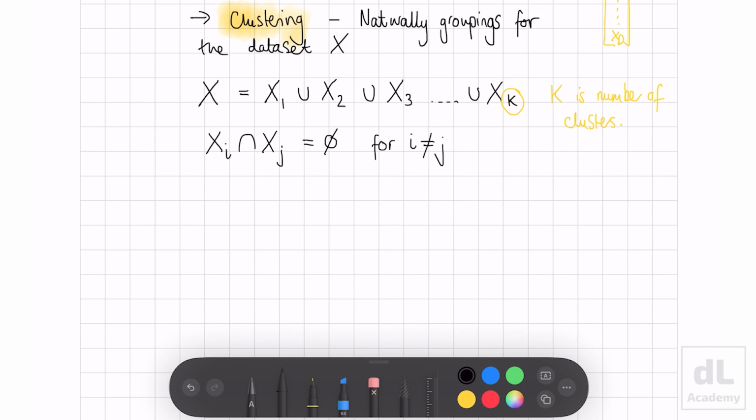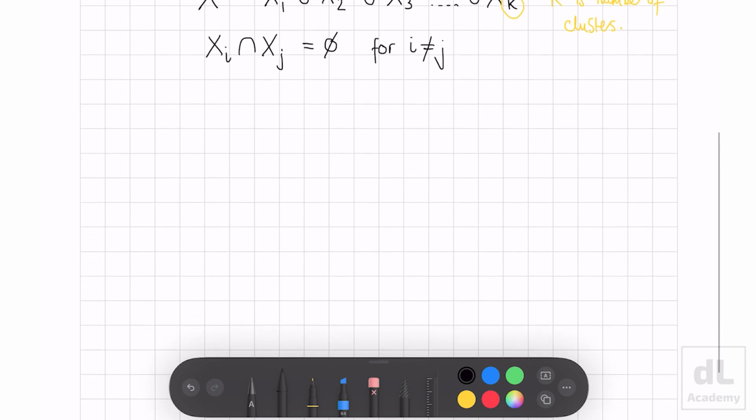It's a bit of maths notation, but all this means is that if i and j are different, so 1, 2, 1, 3, k3, etc., then this must be empty. So none of them overlap. Obviously if they're the same, they perfectly overlap, which is why it's for i not equal to j. Quite simple, but we can draw what this means graphically.